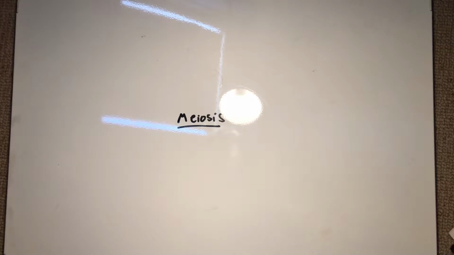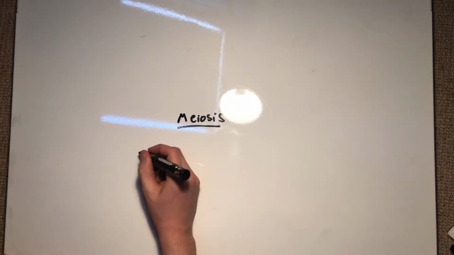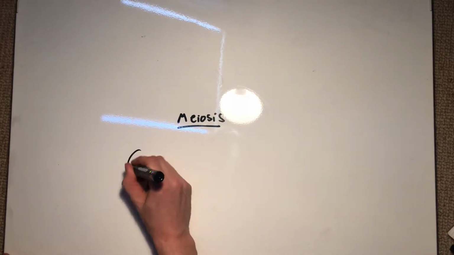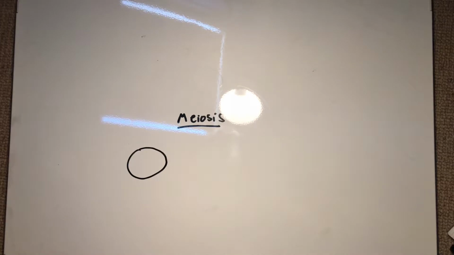Let's draw a diagram to make it easier to understand. We have the first cell, which has 46 chromosomes, but I'm just going to draw 2.